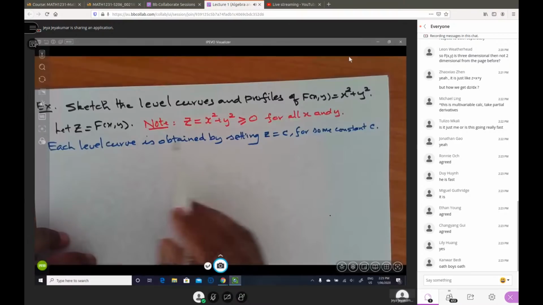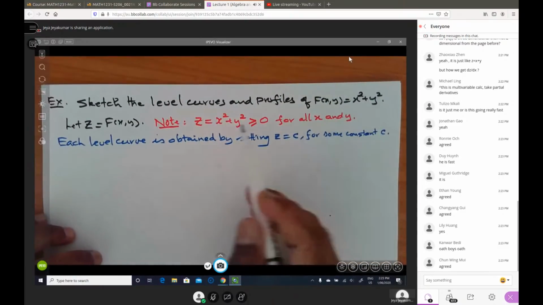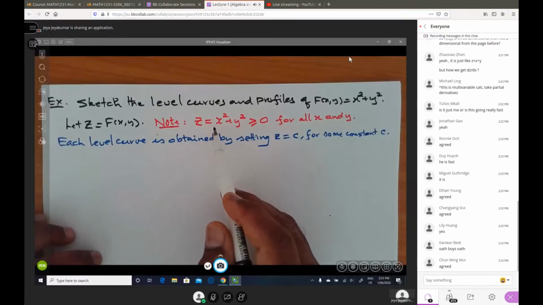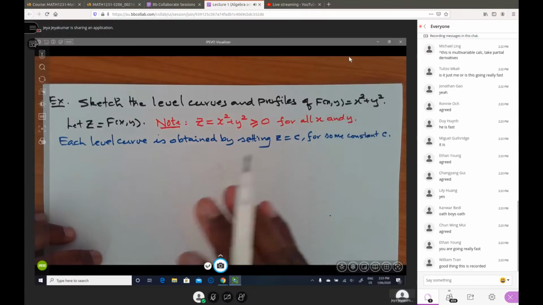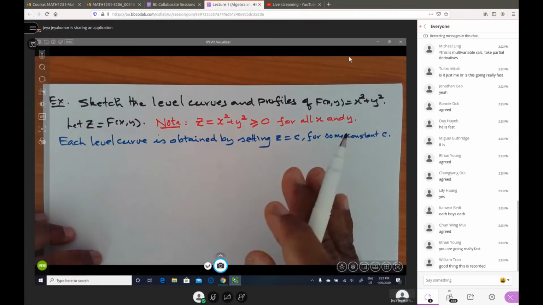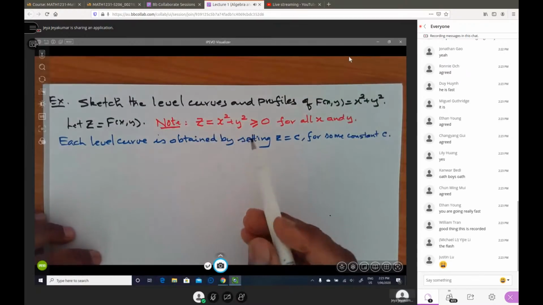By looking at this equation here, f(x, y) is x squared plus y squared. So they are a sum of squares. It's always bigger than or equal to 0, right? For all x, y. So that tells you the z value will always be bigger than or equal to 0. That means the surface will lie above the xy plane, in the horizontal plane, right? Because that value is always bigger than or equal to 0.